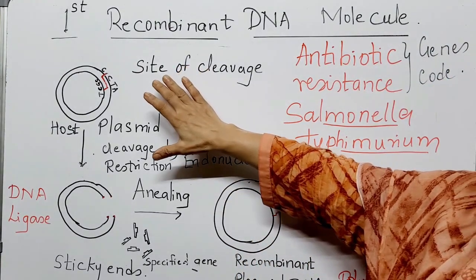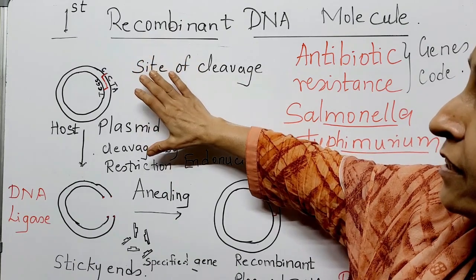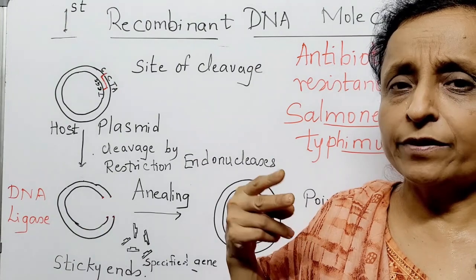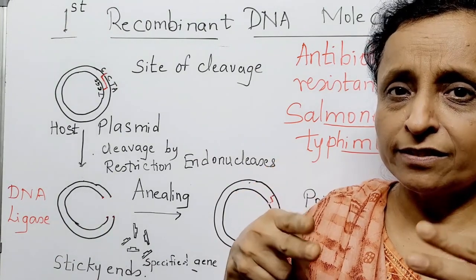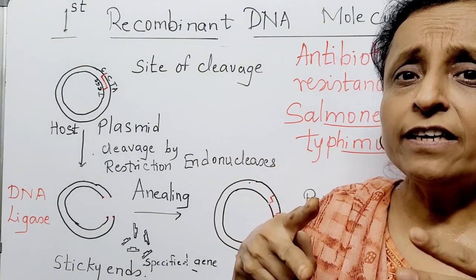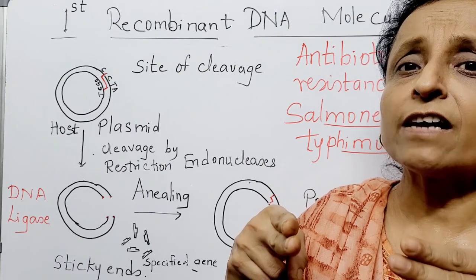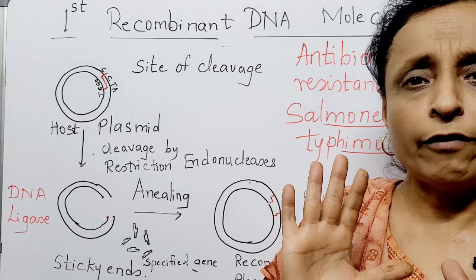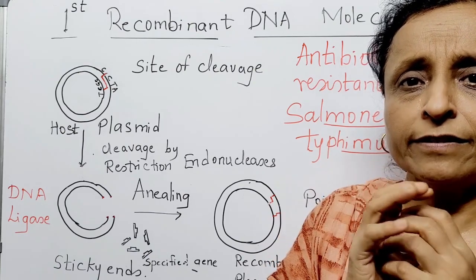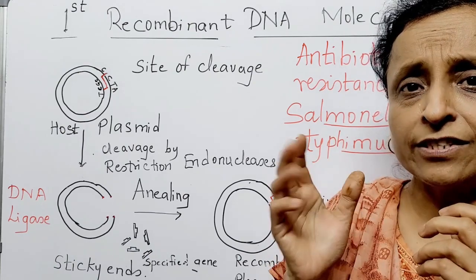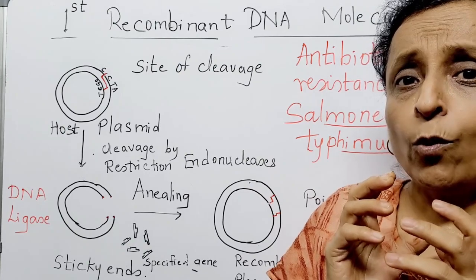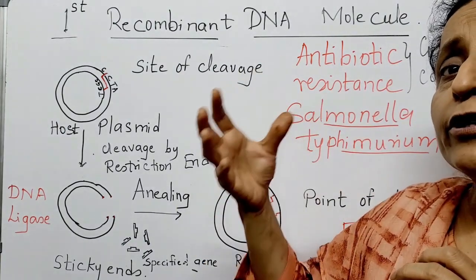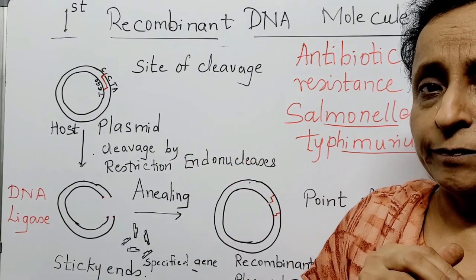Herbert was working on restriction enzymes. Restriction enzymes are the molecular scissors. They can cut the DNA at a specific site to get the desired DNA. So he knew where to cut and get the desired DNA. And Stanley knew how to take out the plasmid and transfer it into the desired cell.